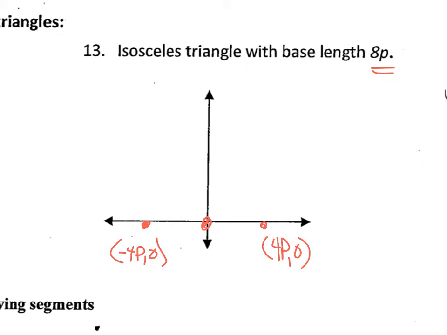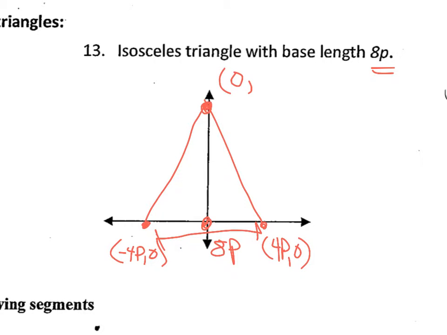Then it would have a total length of 8p for our base. Then this point here could just be up some random value. That would have to be on the y-axis, so it would have coordinates (0, and any other variable). So now we'd have an isosceles triangle with a base length of 8p.